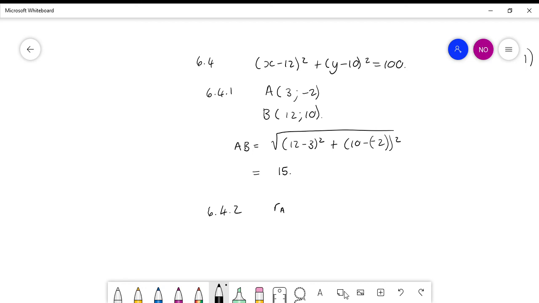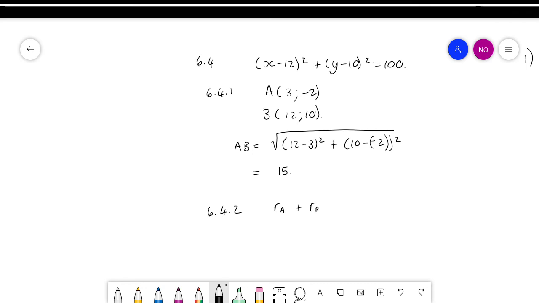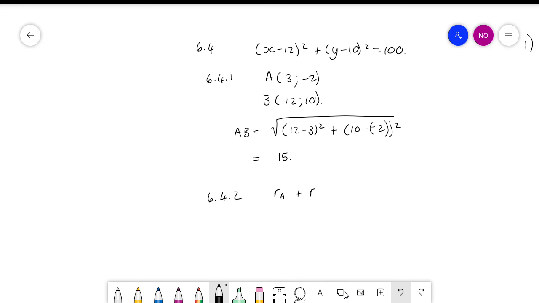If the radius of A plus the radius of B is exactly equal to the length of AB, then it means that the two circles are touching one another. So then they have one intercept.